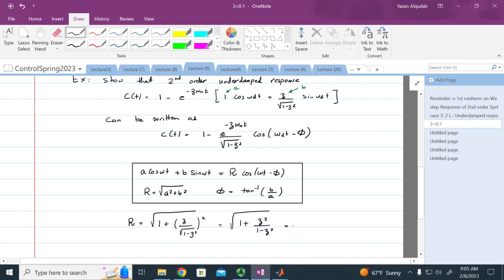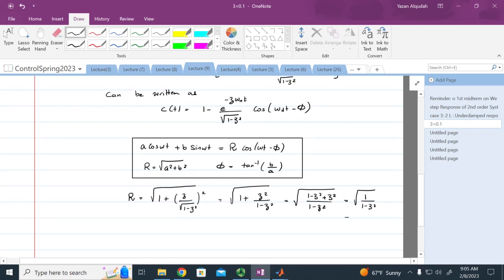Which is going to equal the square root of 1 minus zeta squared plus zeta squared over 1 minus zeta squared, which is going to equal the square root of 1 over 1 minus zeta squared, which is equal to 1 over square root of 1 minus zeta squared.